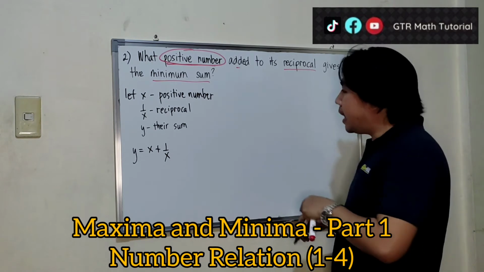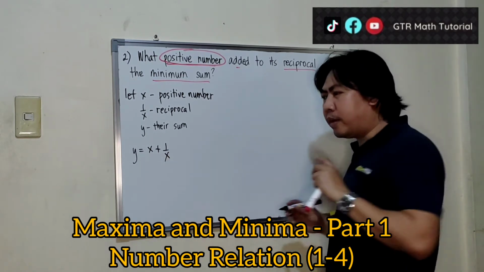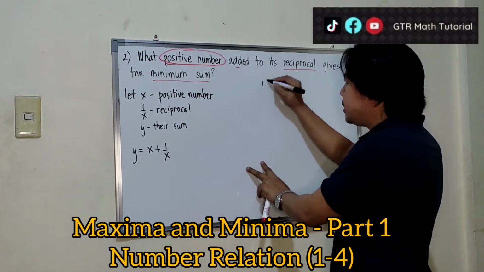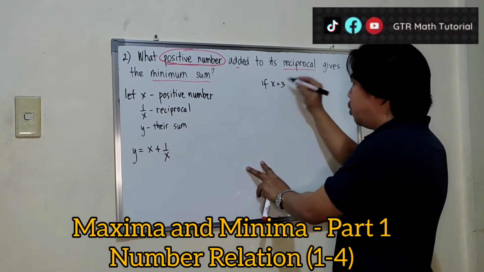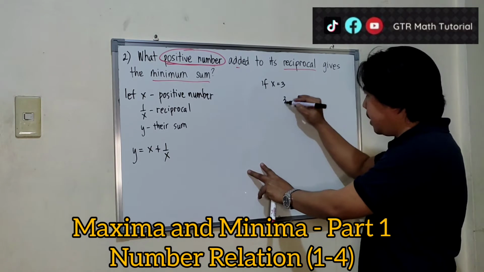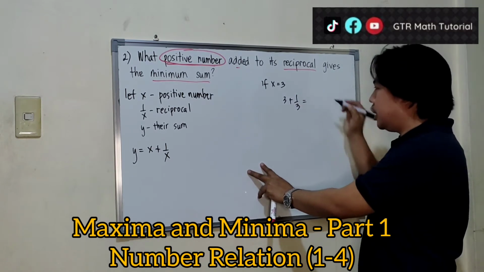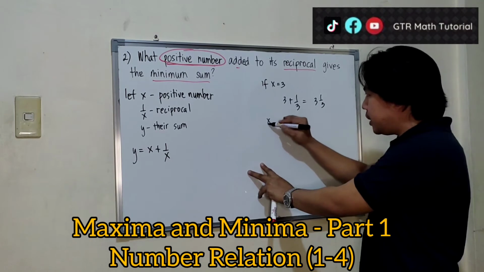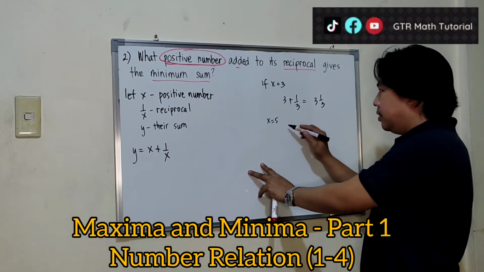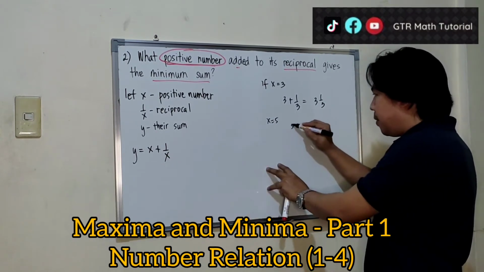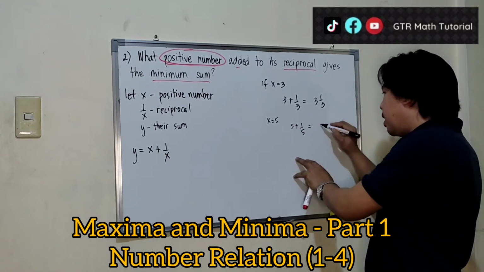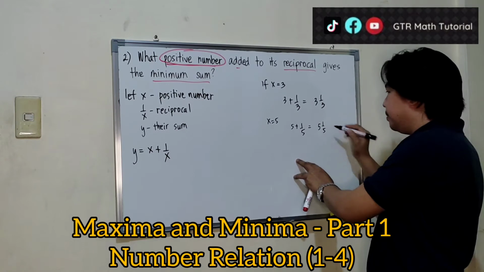For example, x plus 1 over x. If x is 3, we have 3 plus 1/3, which is 3 and 1/3. If x is 5, we have y equals 5 plus the reciprocal of 5, 1/5, so that is 5 and 1/5.